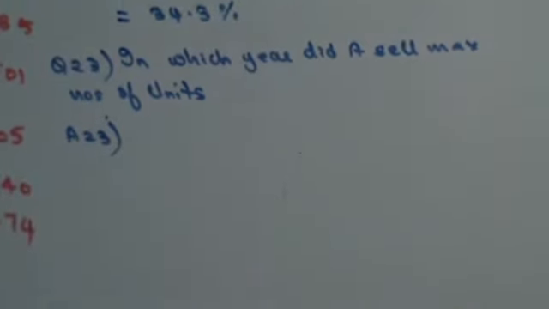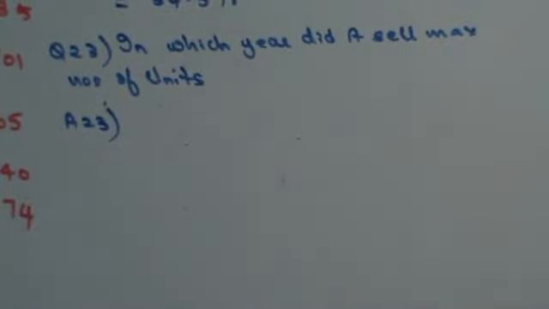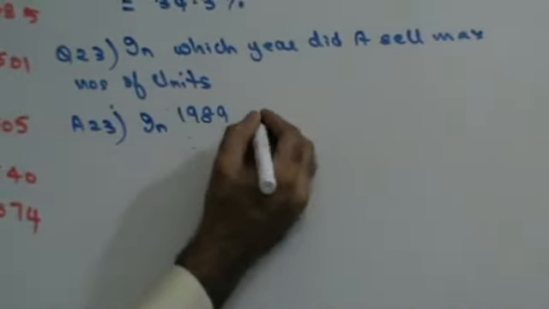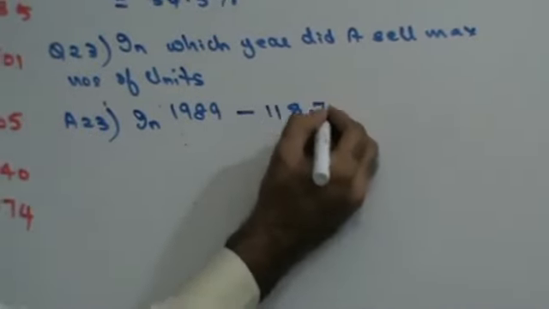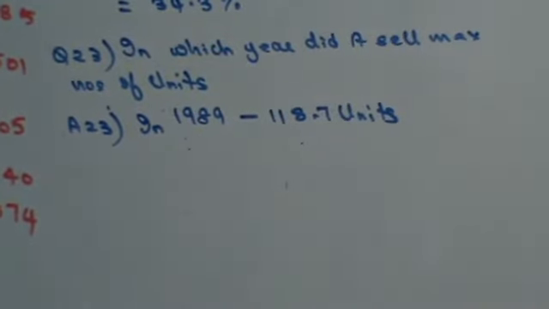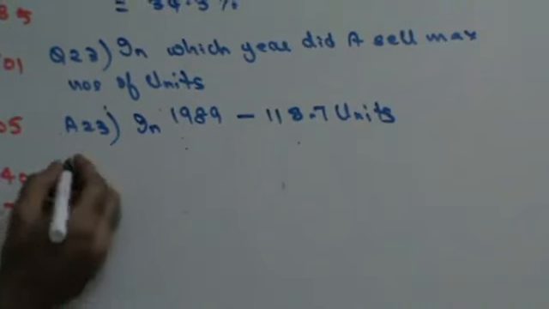The maximum number of units sold by A is 118.7, and that was in the year 1989. In 1989, 118.7 units. Right? Once you've done your basic calculation, then answering the questions becomes very simple.